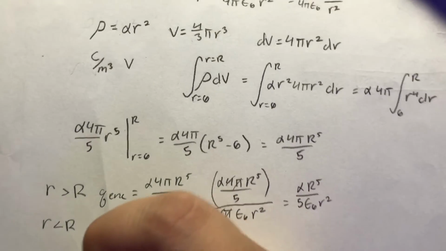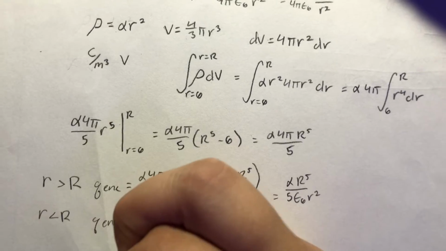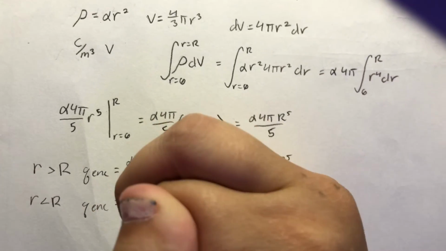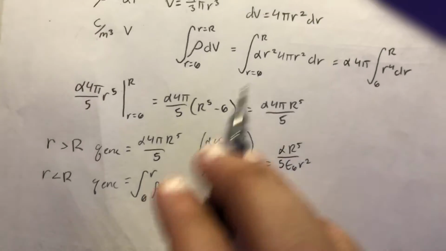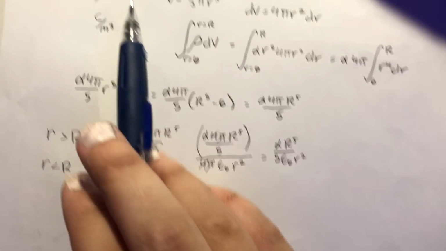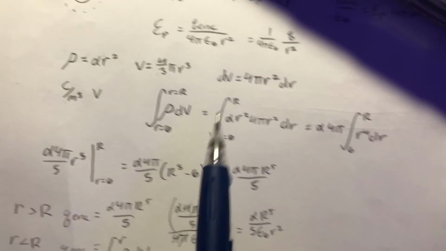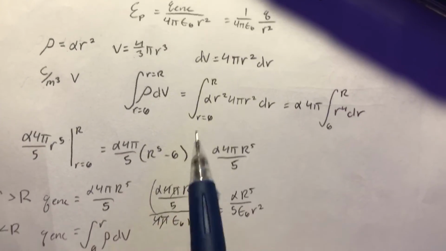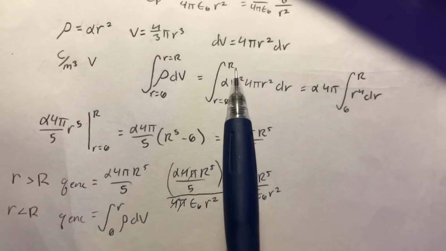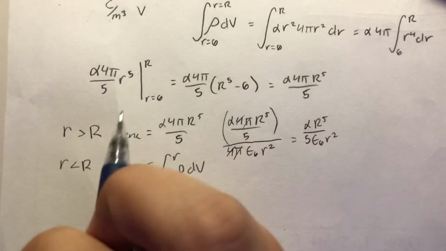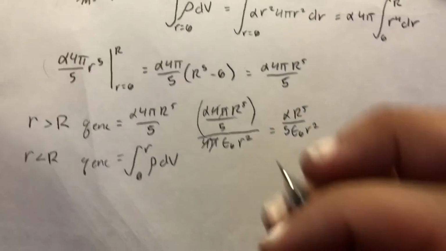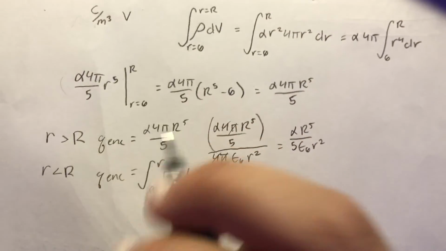So for that, our Q enclosed is going to equal the integral from 0 to little r of rho dv. And again, it's going to have the same formula because it's going to have the same charge density, the same volume. It's just going to be evaluated between two different points. So it's going to come out to look approximately the same, but we're just going to plug in differently.